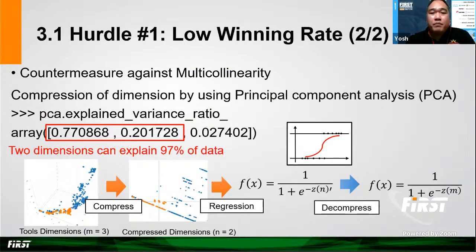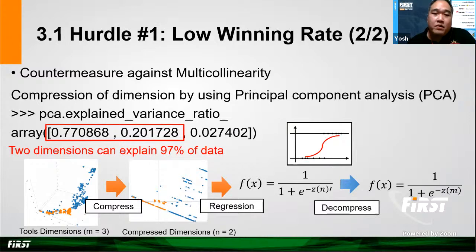There are several countermeasures. A simple solution is to disable one of the correlated data, but in this case, it could be extreme data. So we try to solve this problem by dimensional compression. In PCA, principal component analysis, a theory of efficient dimensional reduction, there is a metric called the explanation ratio.